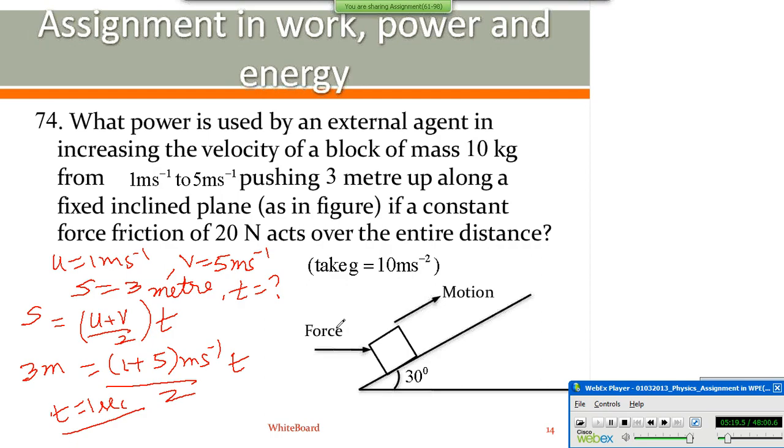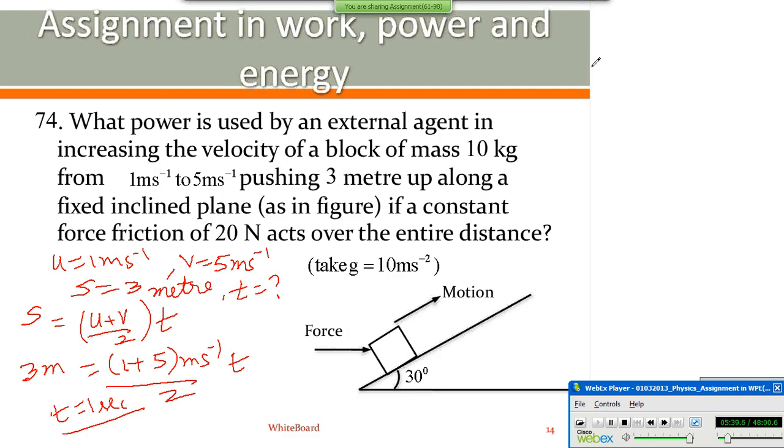Next, you have to calculate work done by the pushing force applied by the external agent. That means we are going to calculate the average power here. More precisely, we may write average power in the problem itself.